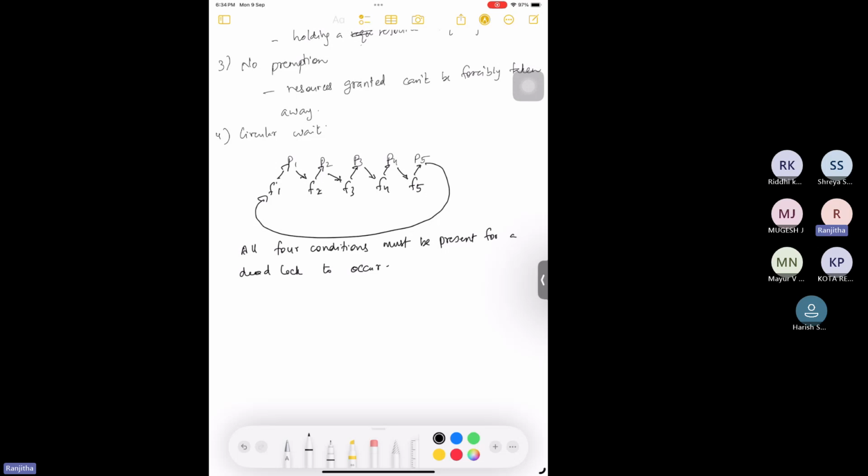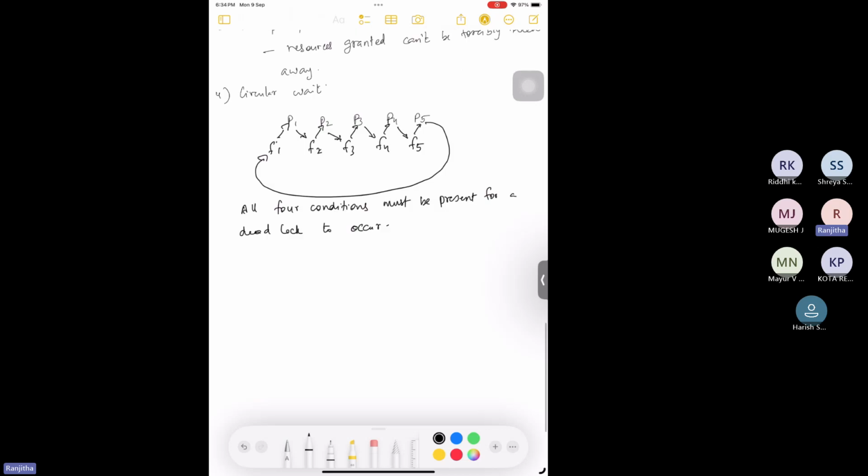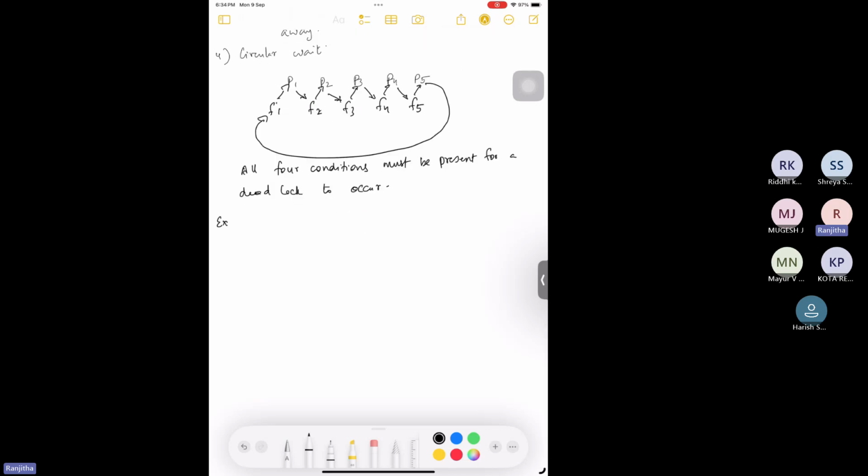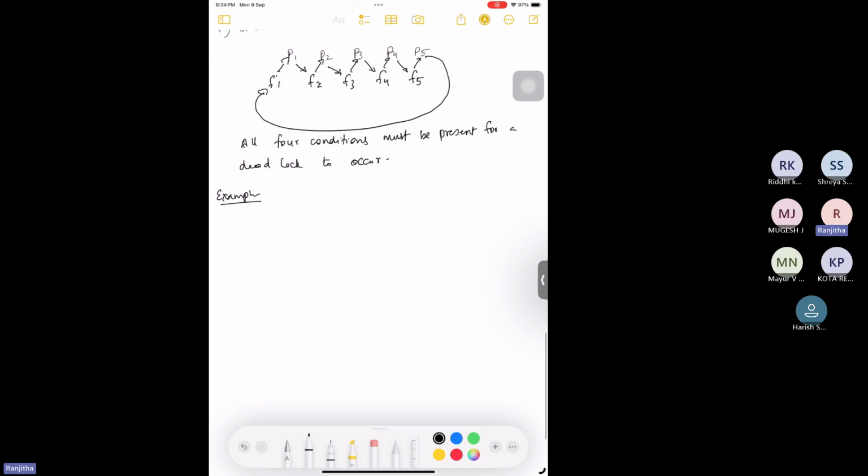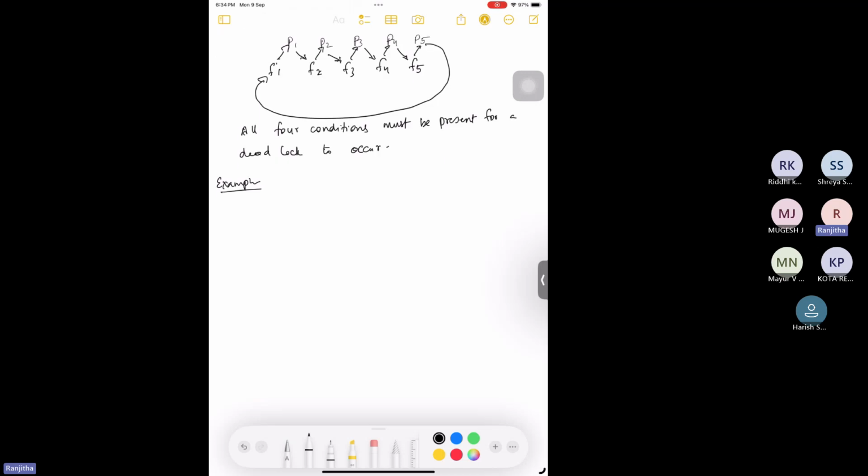If any of these conditions is not satisfied, then deadlock will not occur. Now let's see a simple example that was discussed in the class, and see the resource allocation and how a particular change in the resource requirement leads to the deadlock state.